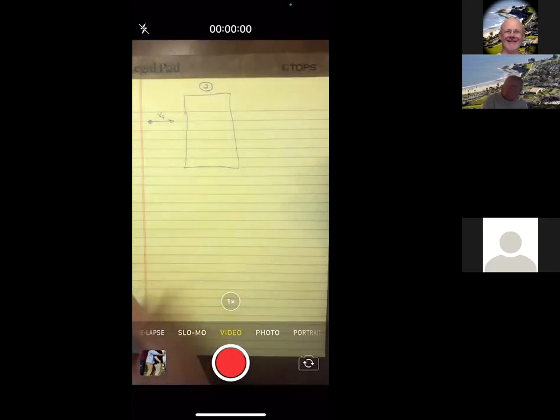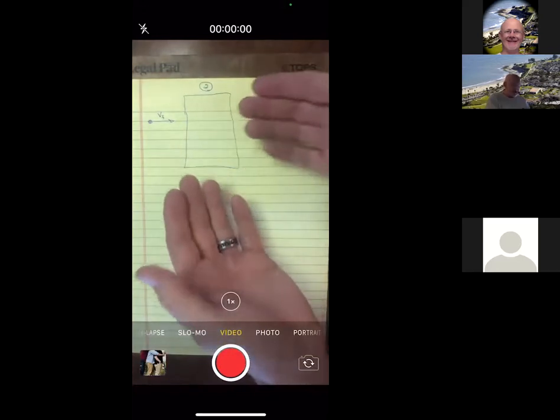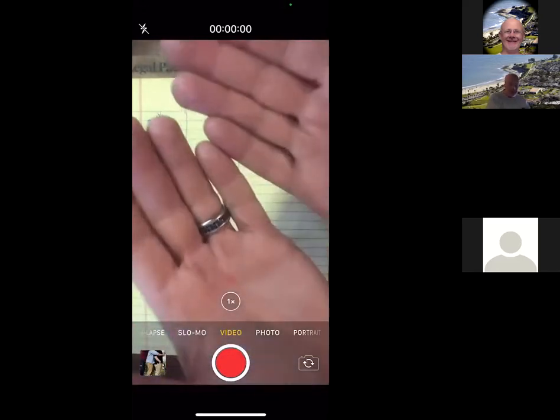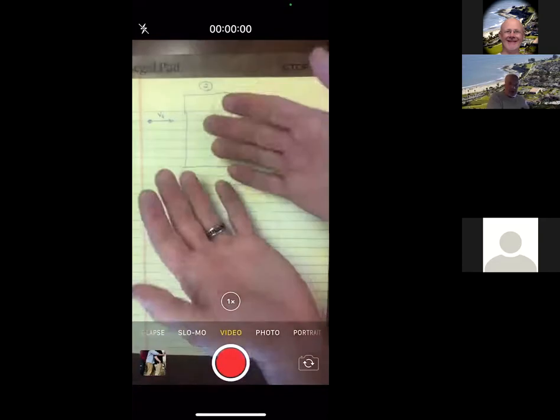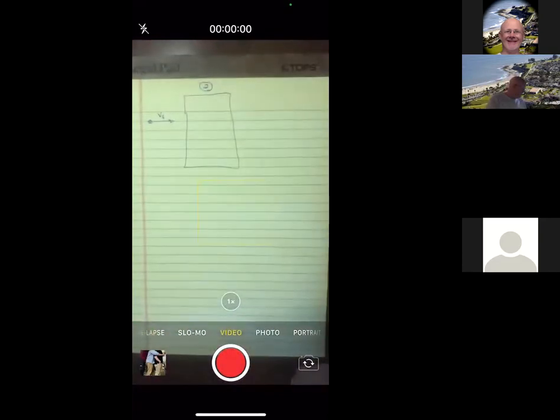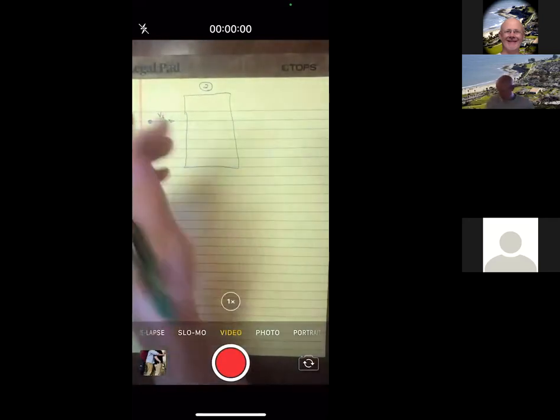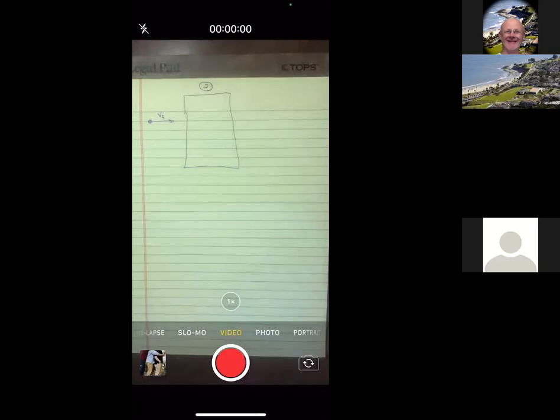Now, I'll make the magnetic field point out of the screen, in other words, towards you. I think your book color coded the magnetic field.